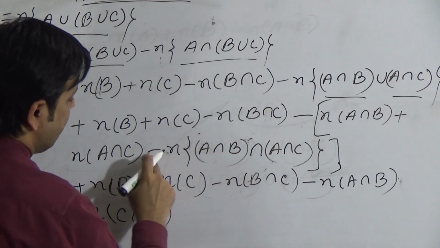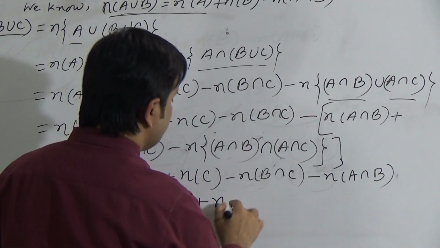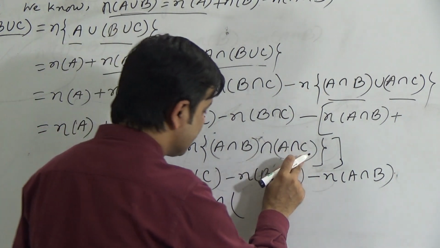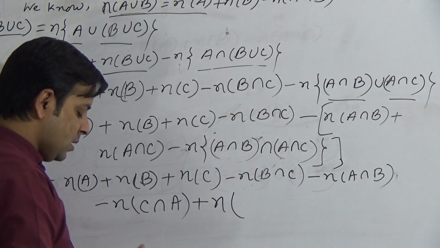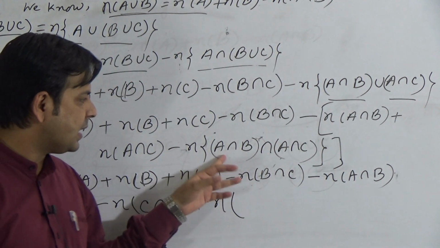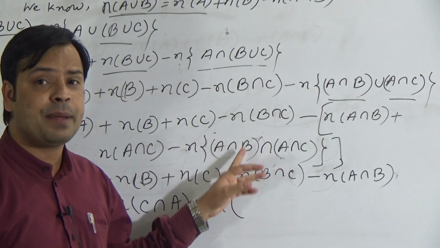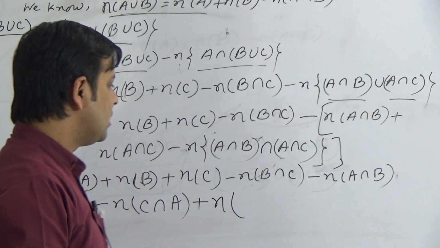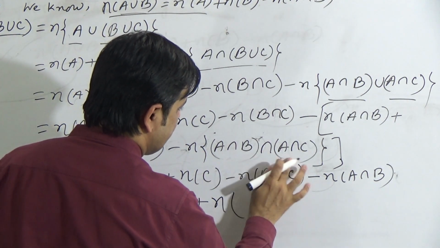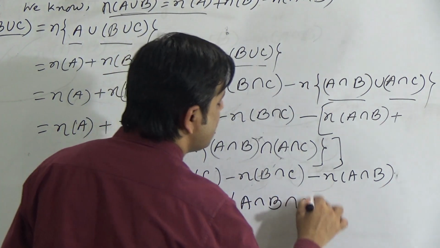Here minus and minus is plus, then number of elements of A intersection B intersection A intersection C. It means that we are taking the intersection of just three sets A, B and C. This is just intersection here. A intersection B intersection C.